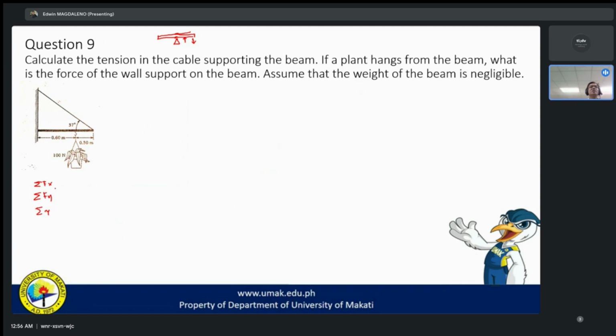So, the summation of forces along the X equal kasi 40 Newton siya. Let's say for this problem, it's the same. Upward 40 newtons, downward 40 newtons. So summation of forces along the Y, since upward and downward siya, they are equal. It is equal to 0.